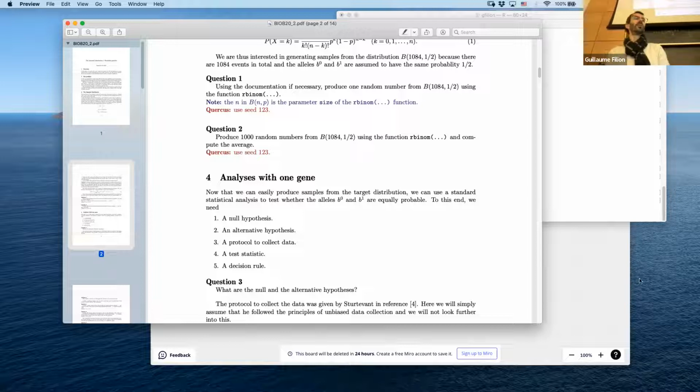Okay, exactly. So the null hypothesis is that the distribution is this one here, this binomial (1094, 1/2), like B0 drawn from that distribution. And you said that the alternative is that it's not 1/2. Okay, so we have other options, like the alleles are equally probable, they say in the chat.